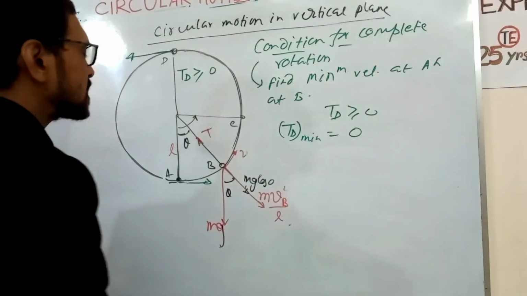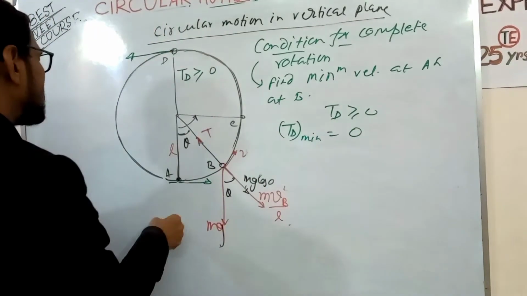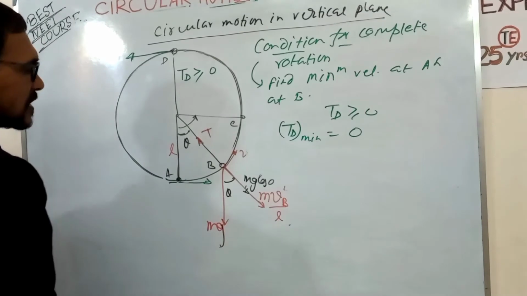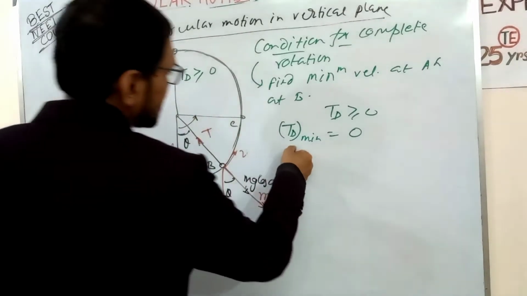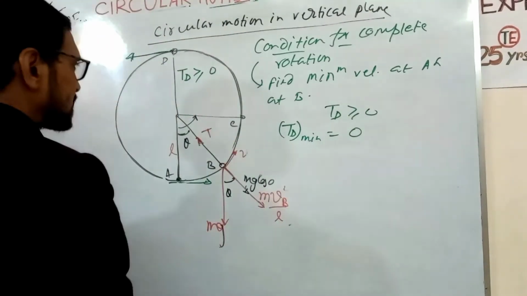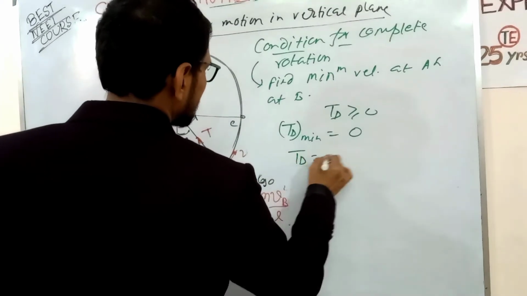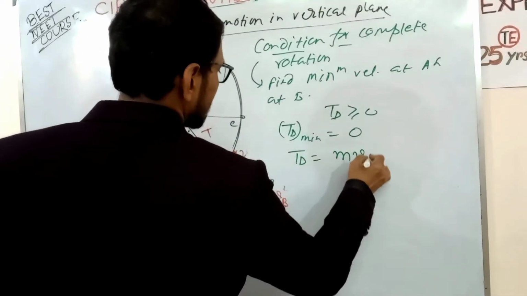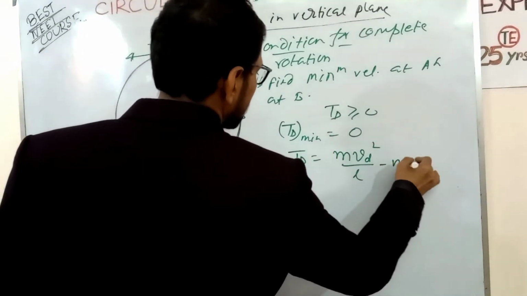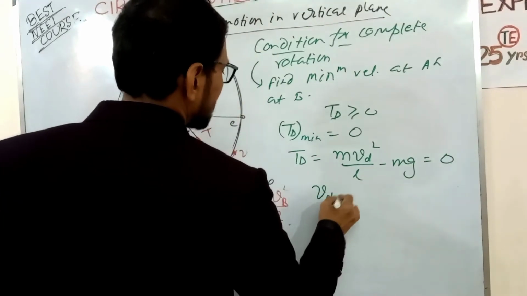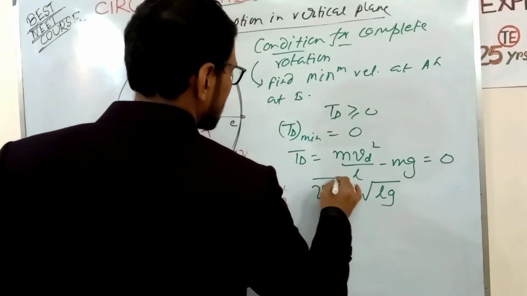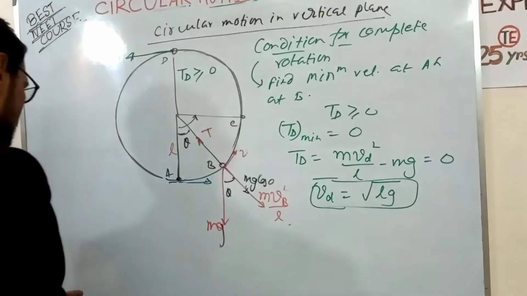If TD is less than 0, then the string slacks and it falls down, so the stone cannot rotate. So for complete rotation, TD minimum will be 0. Now what is the tension at D? Tension at D was m vd square by L minus mg, which is equal to 0. So from that we get Vd equal to root over L into g. This is the minimum velocity at D point.